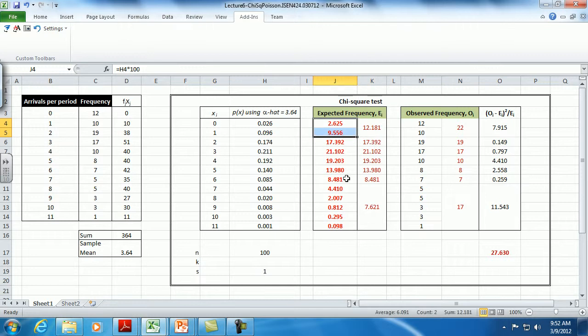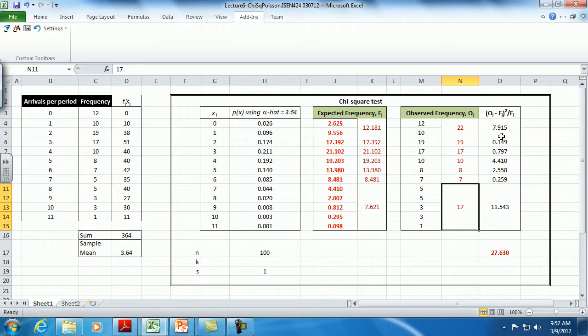You're combining these 2 and these 5 to satisfy that condition. The observed frequency was already provided by the problem, but you need to combine those cells as you did based on the expected frequency. So if you combine these 2, you will have to combine those 2 as well. And same thing here, since you combined these 5, you have to combine these 5, and that gives you 17.